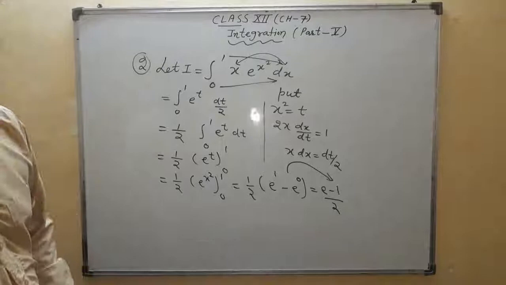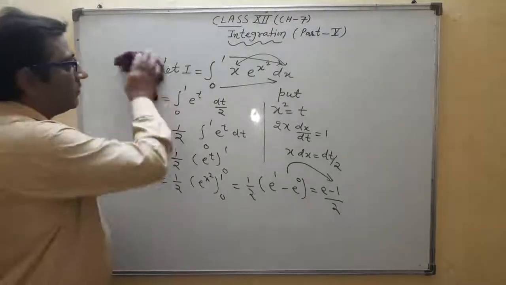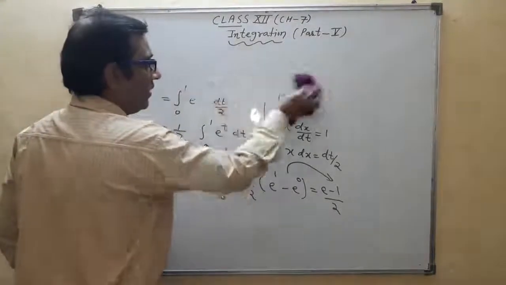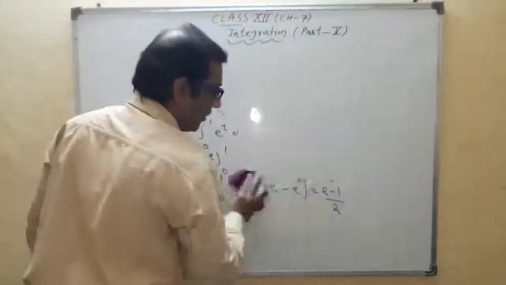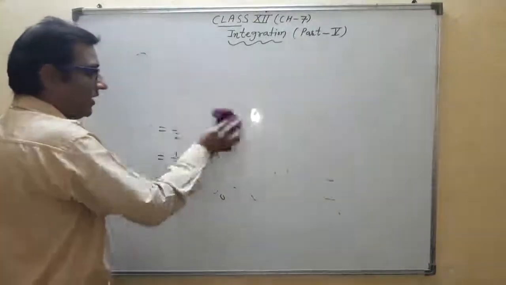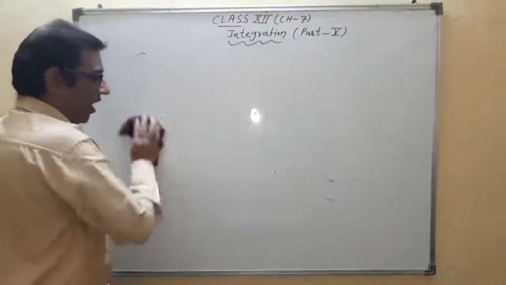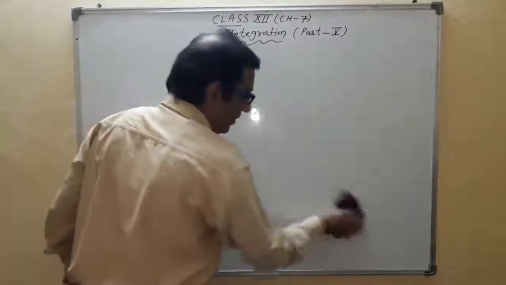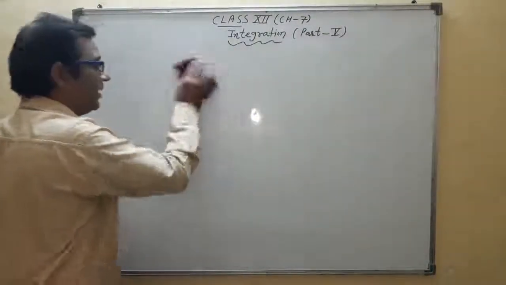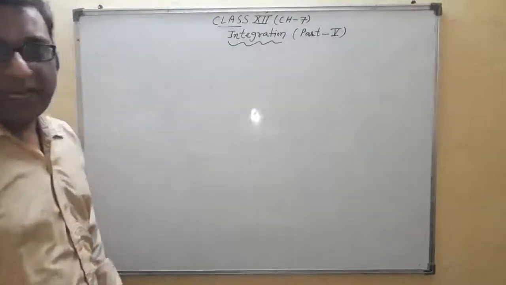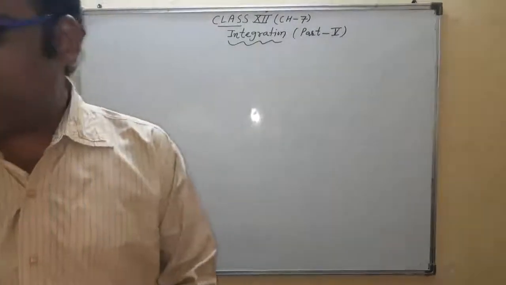Now I am taking one more question, and these questions are related to your exercise 7.9. I am taking only a few questions from this exercise 7.9 based on definite integration.